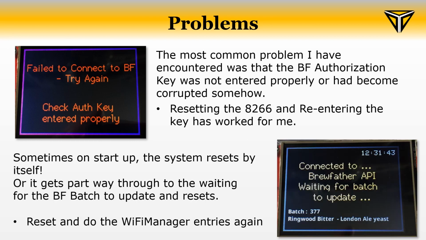On occasions, it might be due to power surges or something, the system resets itself, or it gets partway through the waiting for the batch screen and resets. So just do it again, and once it's established, it seems to be okay.